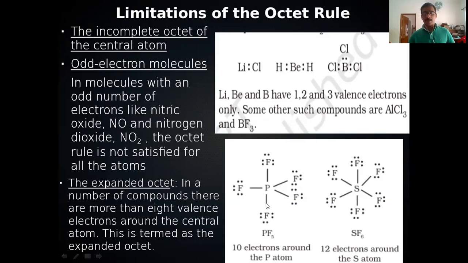5 into 2, 10. Around phosphorus, there are 10 electrons in the outermost shell. SF6. 1, 2, 3, 4, 5, 6. 6 into 2, 12 electrons. Instead of 8, you can see here 12 electrons in the valence shell of sulfur.